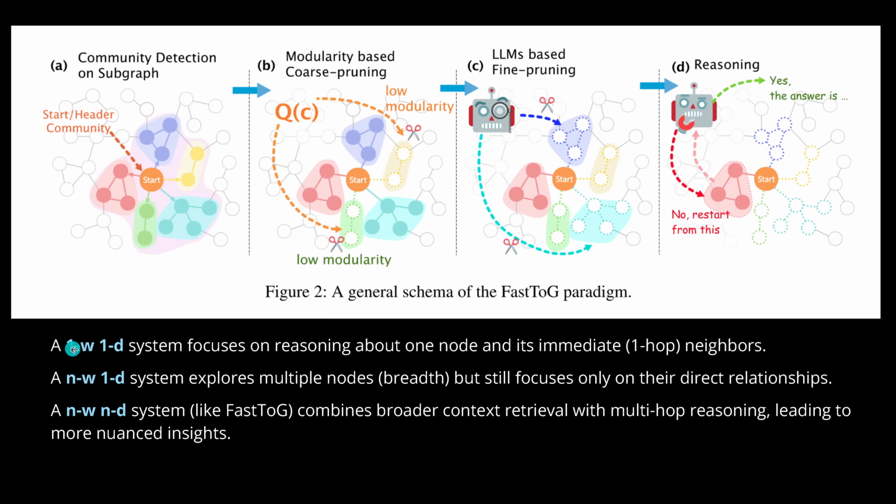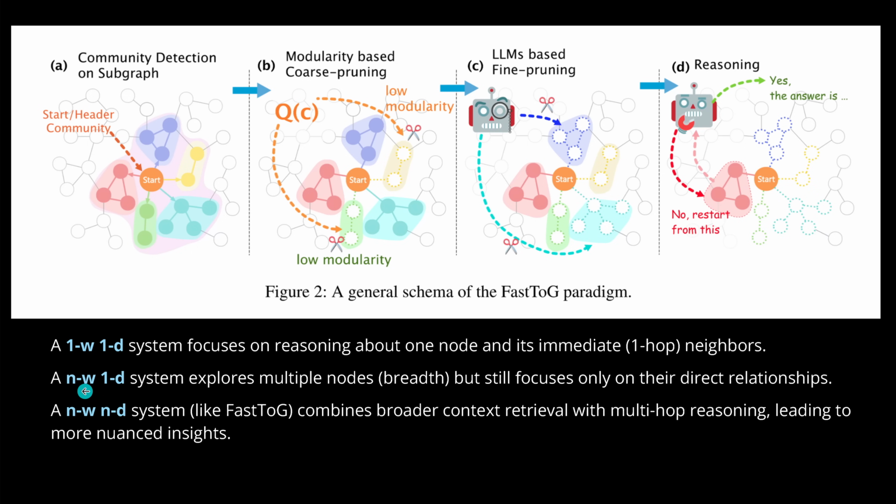So we have a 1W, 1D system. So one wide, one deep system focuses on reasoning about one node and its immediate one-hop neighbor. So one node wide and one step deep. So only one hop from one node to the next node. Then we have an NW, 1D system.